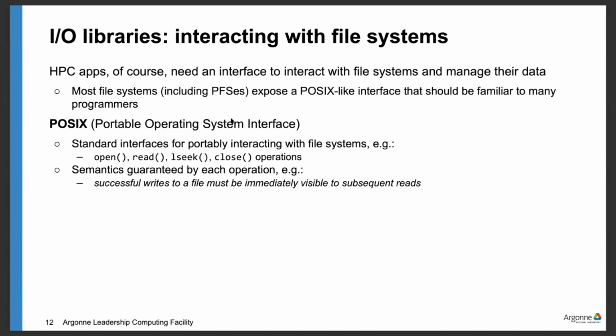POSIX, if you're not familiar with it, is the Portable Operating System Interface, a Unix standard for having portable ways to do I/O and other sorts of system calls. The I/O specific calls that POSIX implements are things like open, read, lseek, and close, which we're probably familiar with from our different experiences.